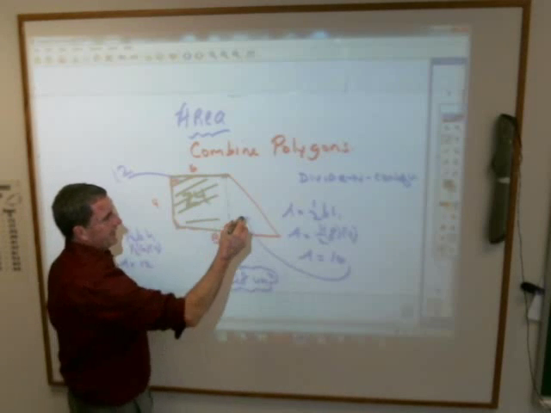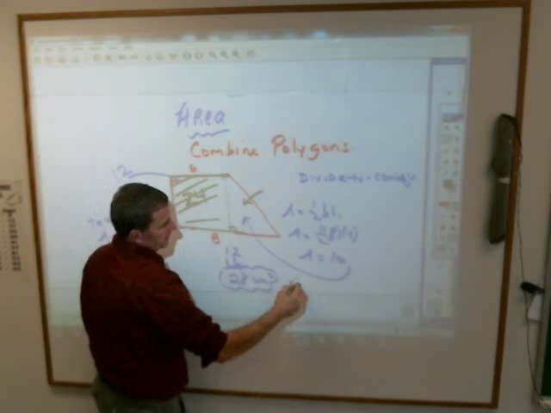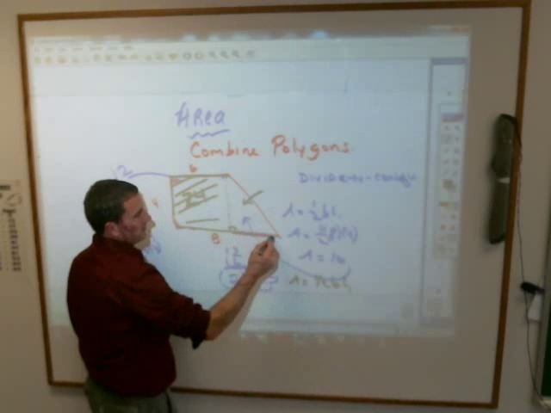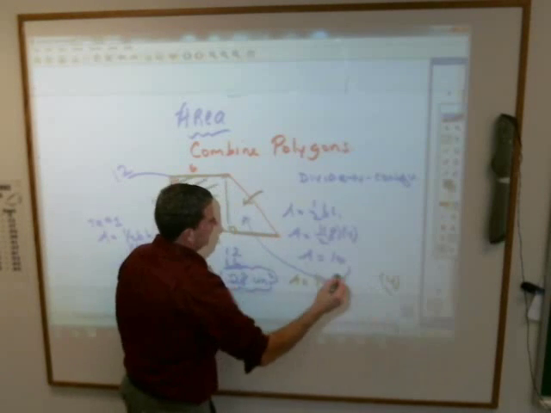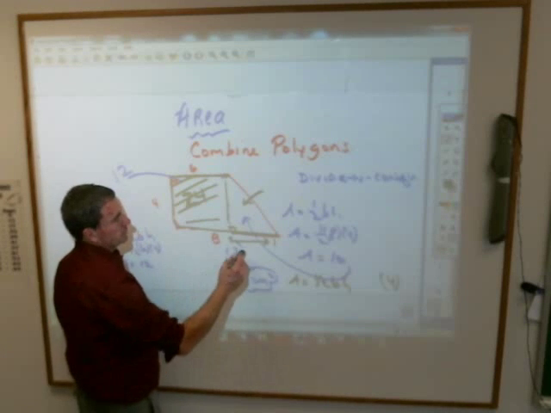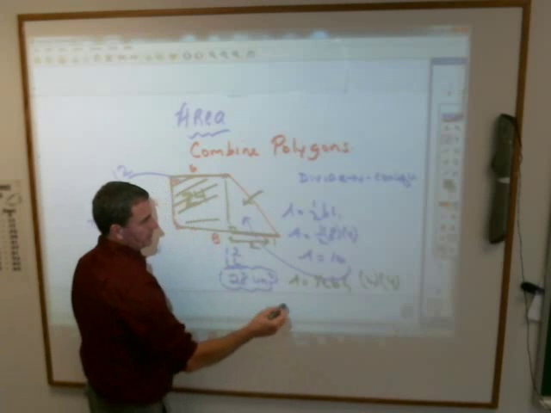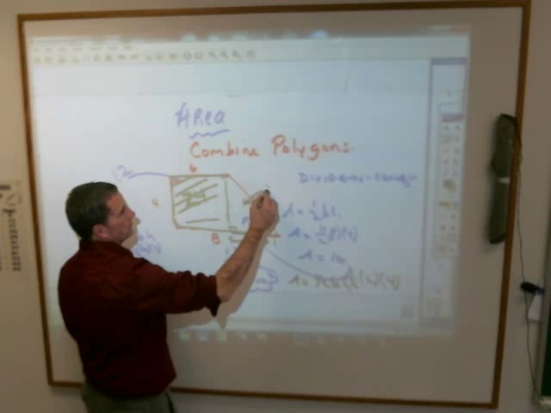To that, I'm going to add the area of this triangle, which is area equals 1/2 base times height. This would be the base, this would be the height. The height is 4. How far is it from here to here? 2. So, what is 1/2 of 8? 4.